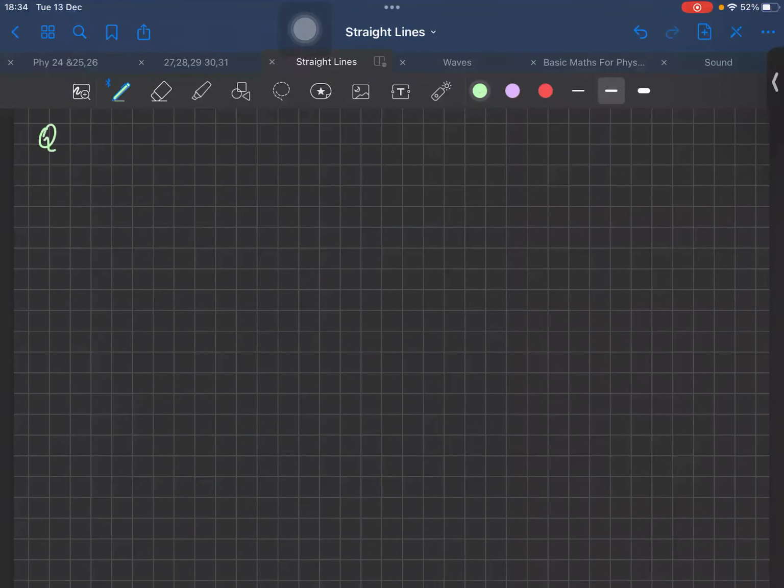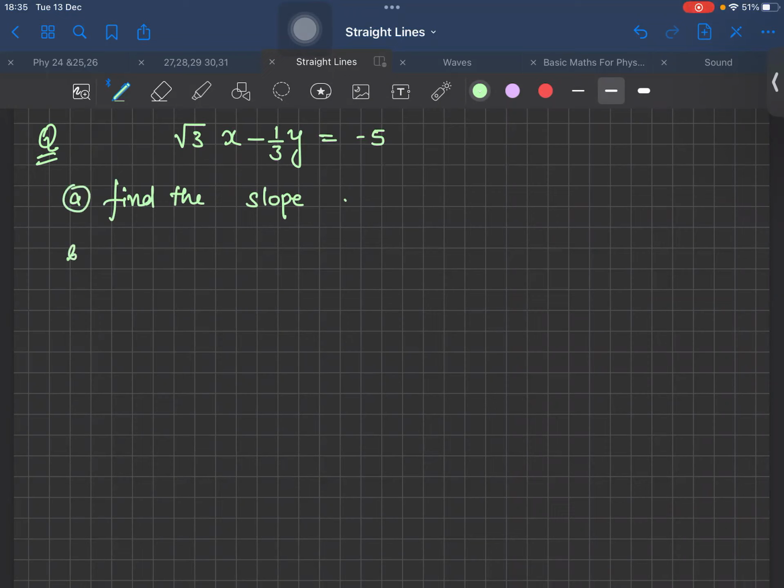Please solve this problem. You are given the equation of a line: root 3x minus y minus 1 by 3y is equal to minus 5. Find the slope of this line. This is the first part. Second, find the x-intercept. Third, find the y-intercept.